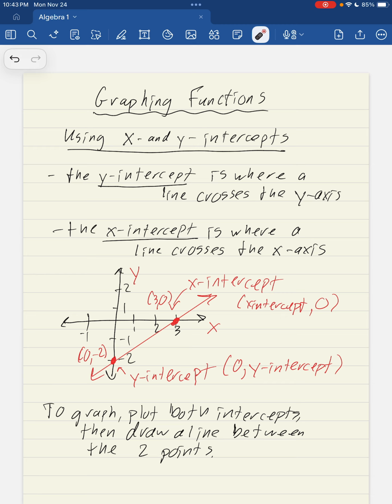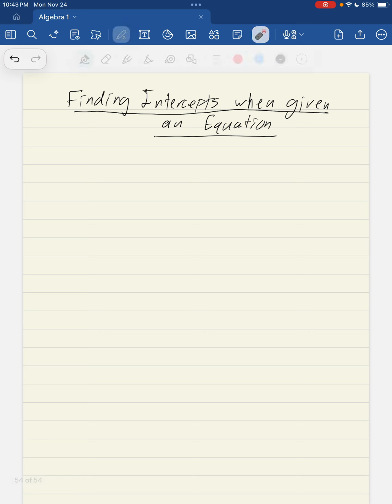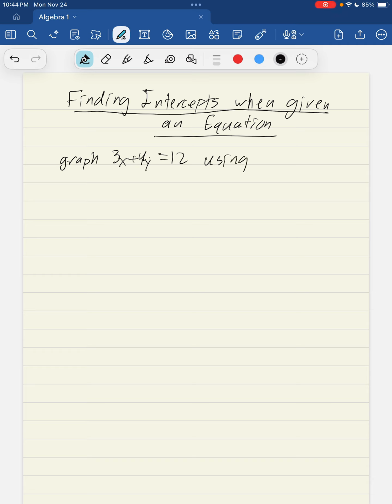Sometimes though you're given an equation and you need to find the intercepts out of that equation. The easiest way is to just do an example. Graph something like 3x + 4y = 12 using intercepts.